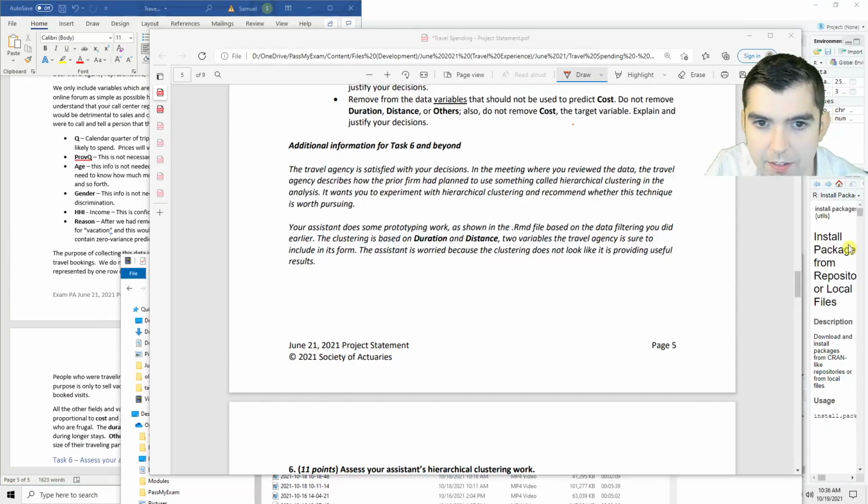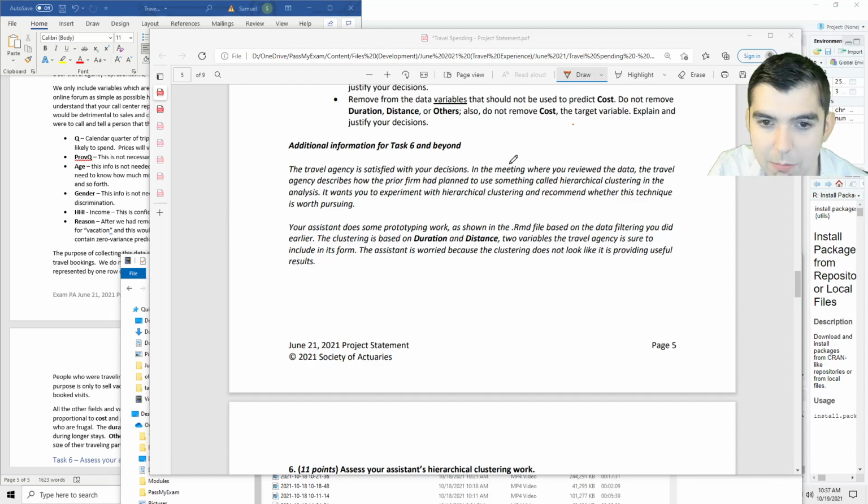Additional info for task 6 and beyond. The travel agency is satisfied with your decisions. Phew. In the meeting where you reviewed the data, the travel agency describes how the prior firm had planned to use something called hierarchical clustering in the analysis. It wants you to experiment with hierarchical clustering and recommend whether this technique is worth pursuing.